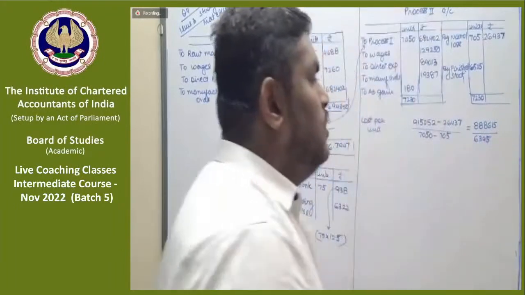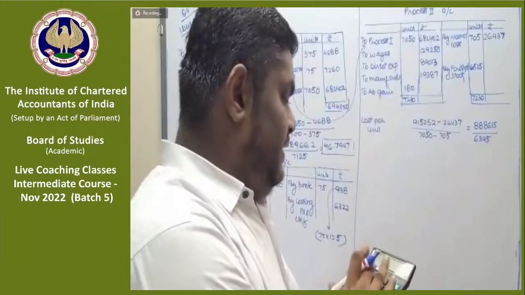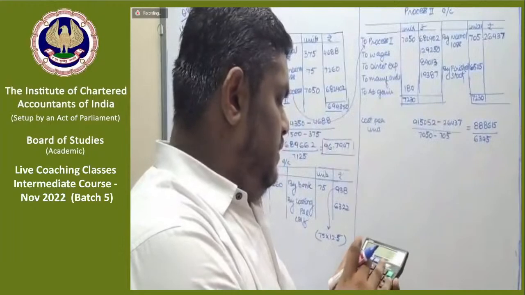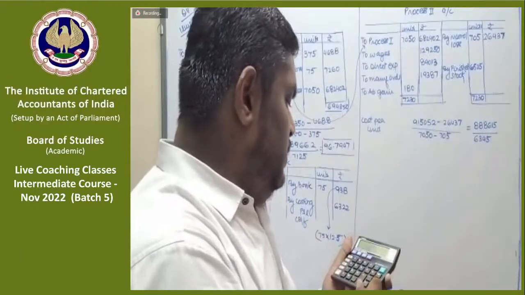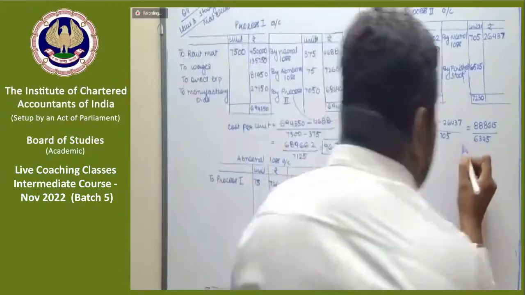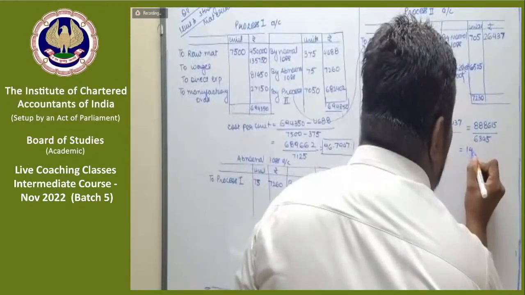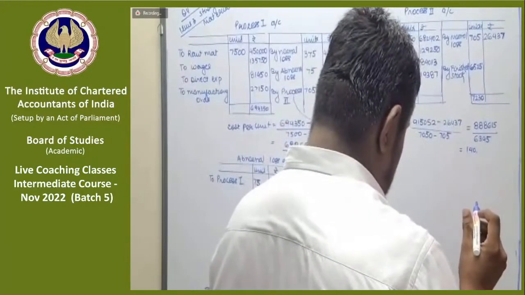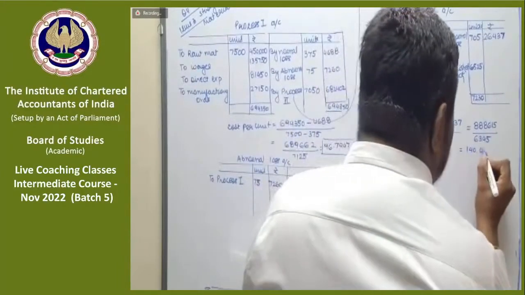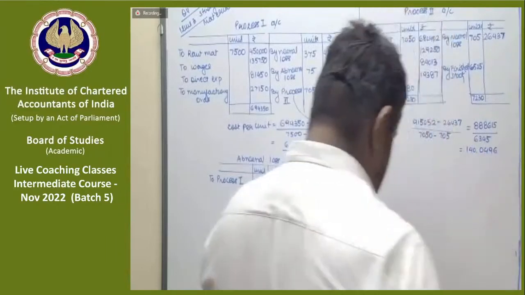So we will get the cost per unit, that is 888,615 divided by 6,345. So we'll get the cost per unit as 140.0496.